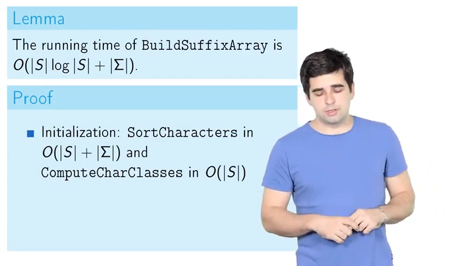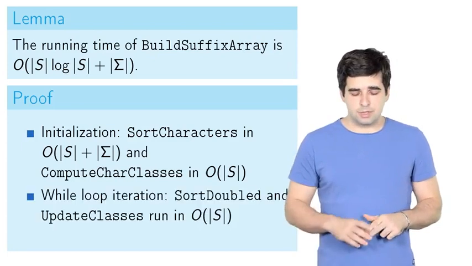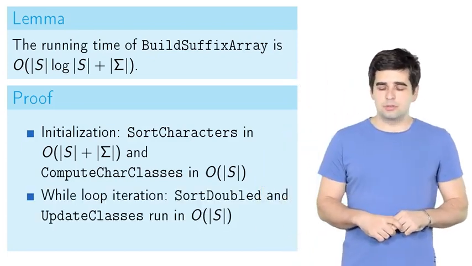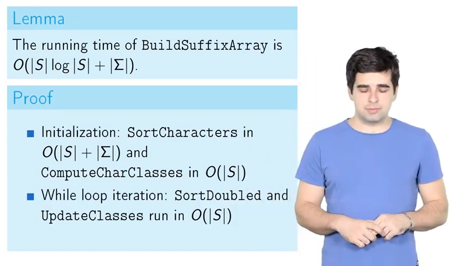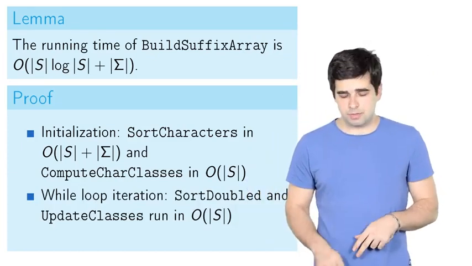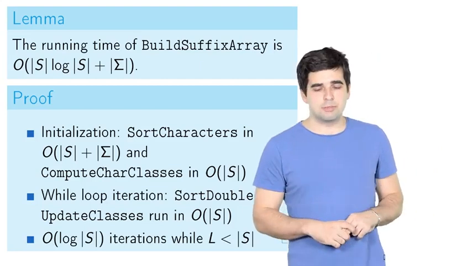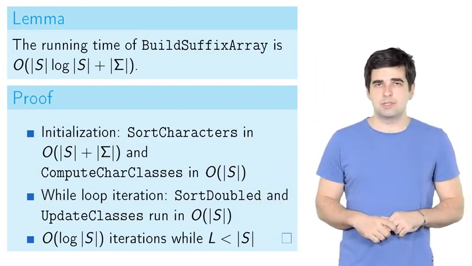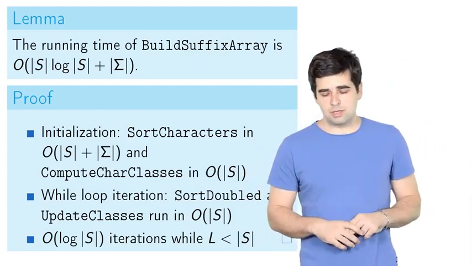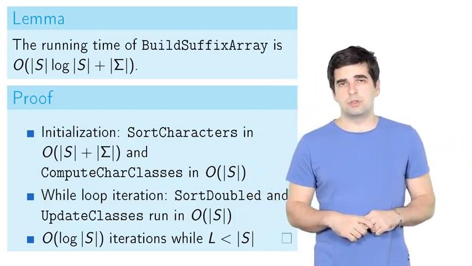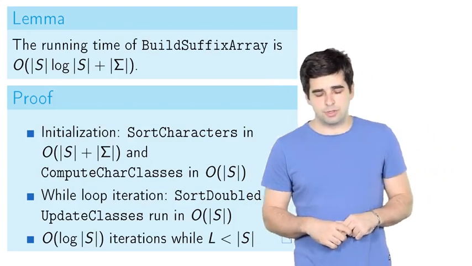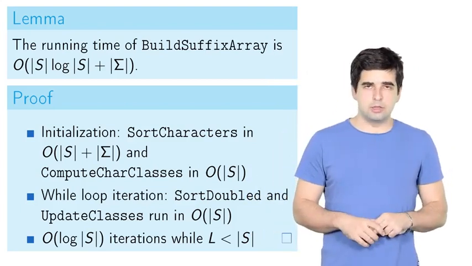Let's look at an example. S is our initial string, and suppose we've already sorted the doubled cyclic shifts of length 2, and our initial cyclic shifts were of length 1. So we have our array class of the equivalence classes of the cyclic shifts of length 1, which are basically letters.